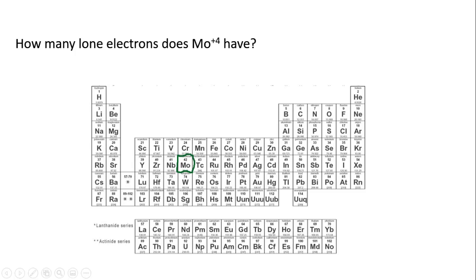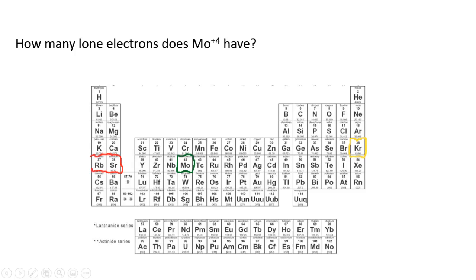So molybdenum, the previous noble gas is krypton. After krypton, we have a completely filled S orbital.